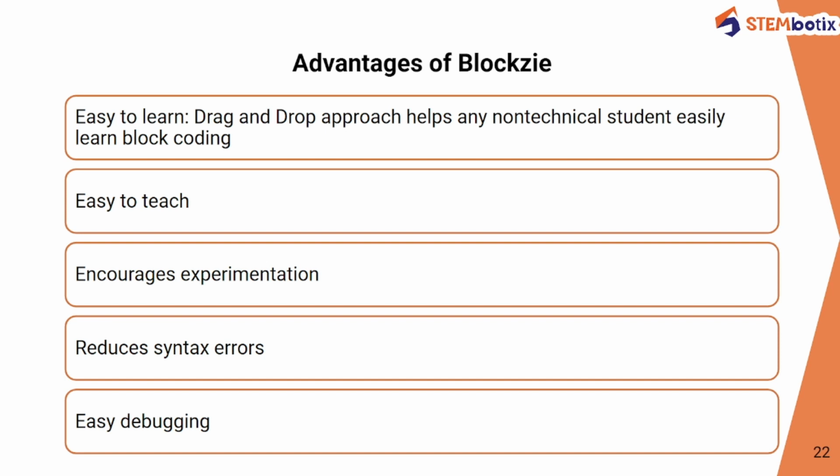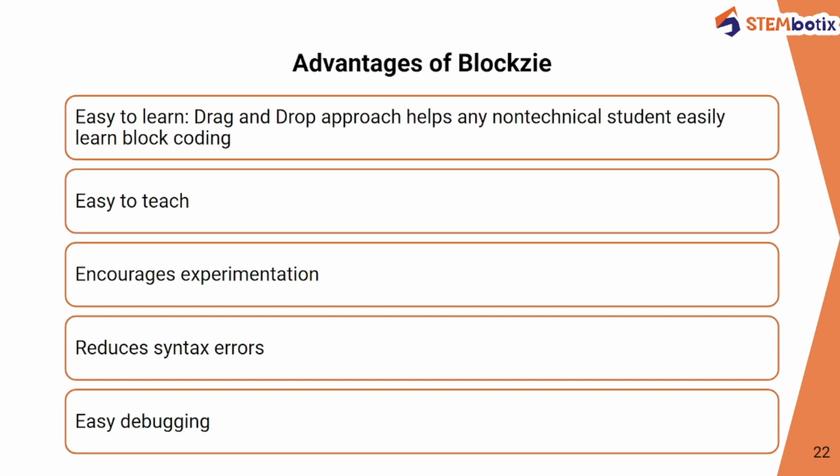Then after it reduces syntax errors, means in block coding and also in Blockzie, you don't really need to write the program yourself. You just need to drag and drop the blocks available in the block programming palette. Hence, there is no syntax-based error. Means you are not going to write anything.